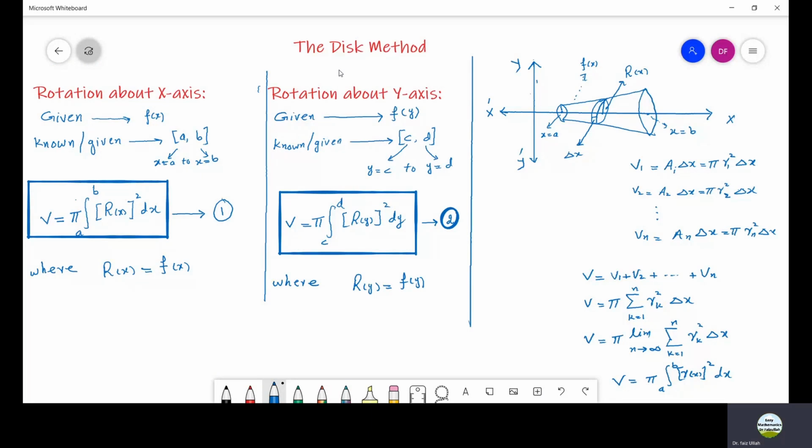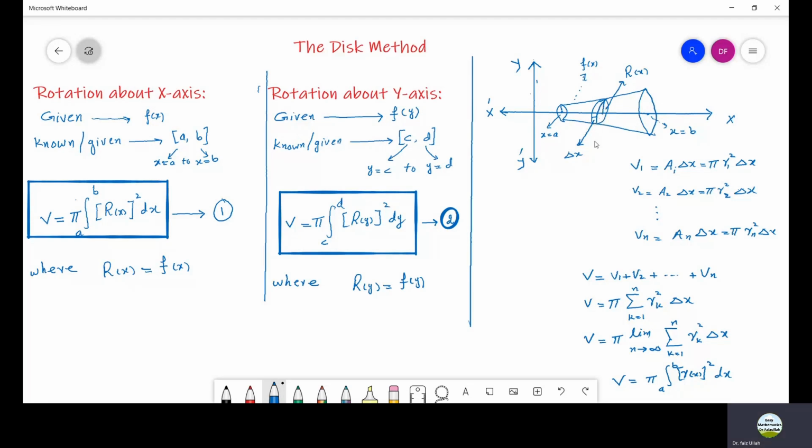The first method which is used to find volume of solid of revolution is called the disk method. In this method, we divide the whole solid into small disks, and then we find volume of each disk. So let us consider the only one disk which you can see here.